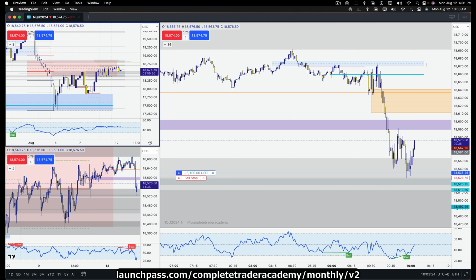Now, obviously, you know that we came all the way up top and we do get to this liquidity that's sitting up here. So I could have held it for a nice home run up here, but I probably wouldn't have held it for these highs all the way up there. If I was to have held it, I should have held it for this high right here, because if you look on the 15 minute, there's an imbalance right there, right?